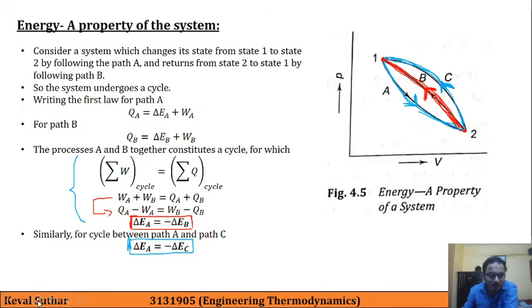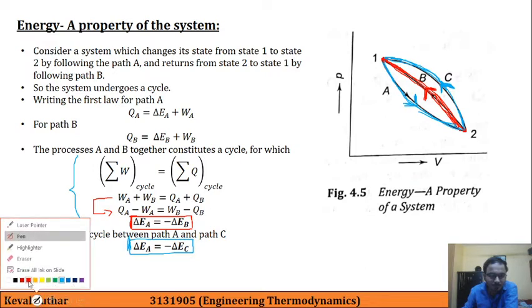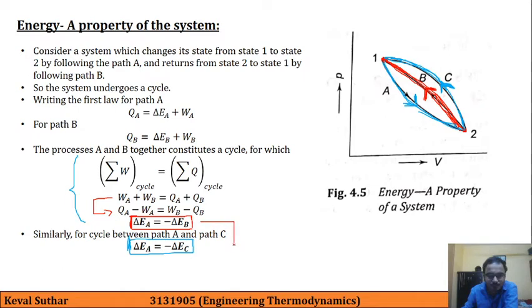By comparing these two equations, we can obtain delta EB is equal to delta EC.